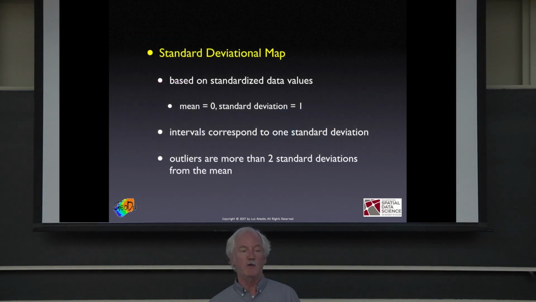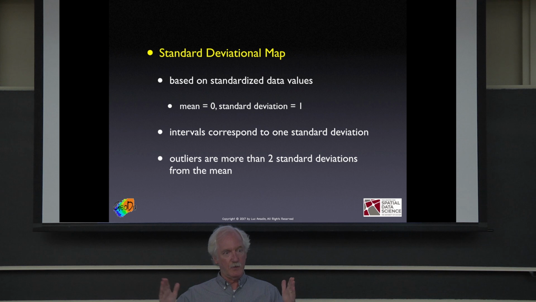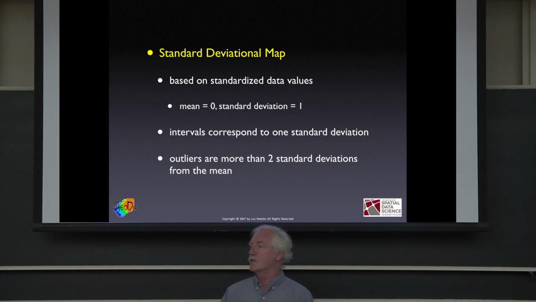We can do the same thing with the idea of a standard deviational map, where again, this is an example of a diverging legend. We start at the mean and we move out, and as we get more standard deviational units away from the mean, we identify outliers.